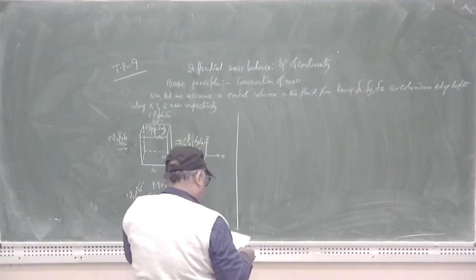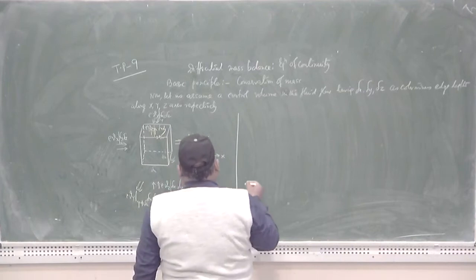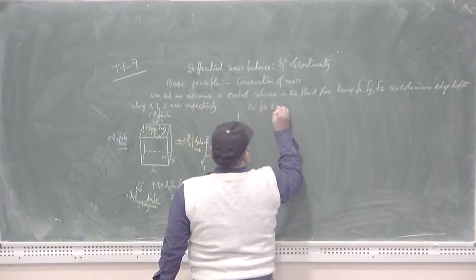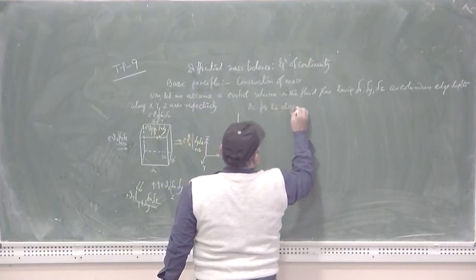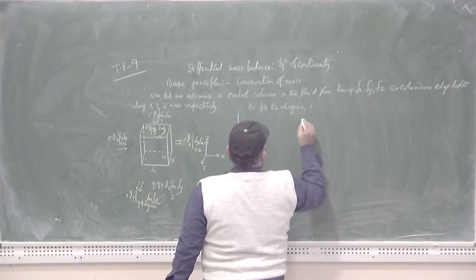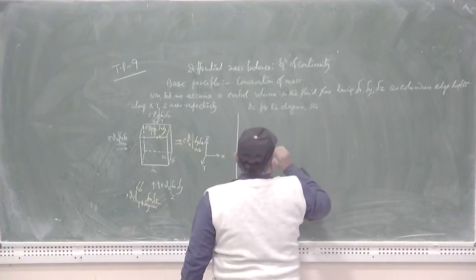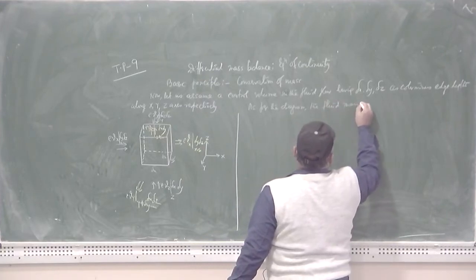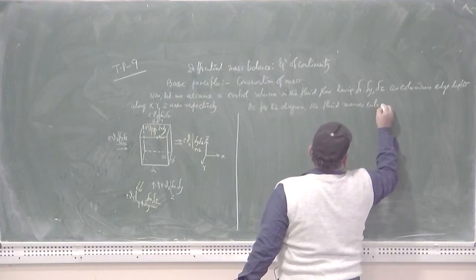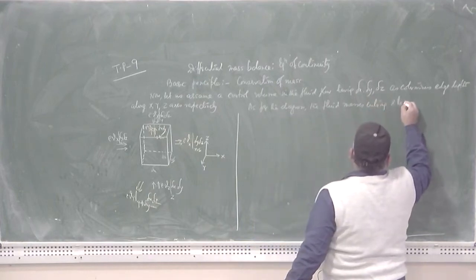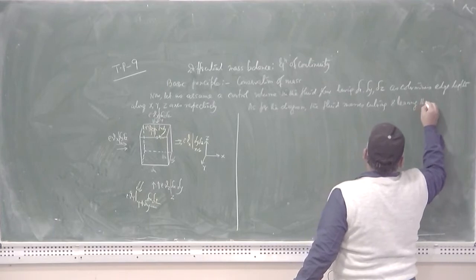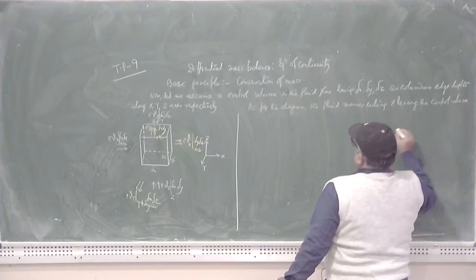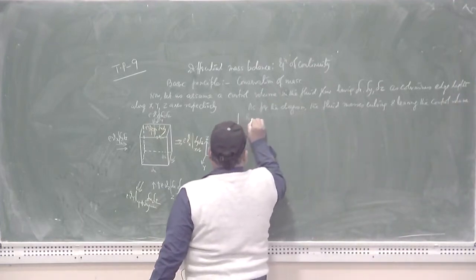So as per the diagram, the fluid masses entering and leaving the control volume have been shown.